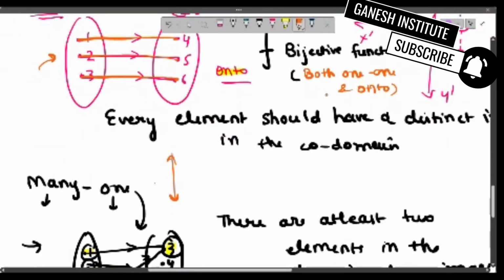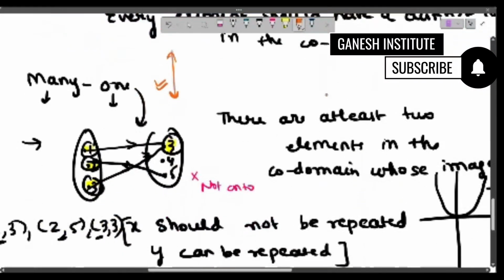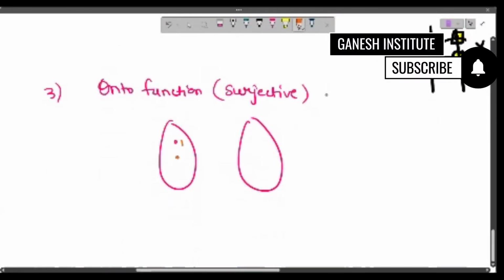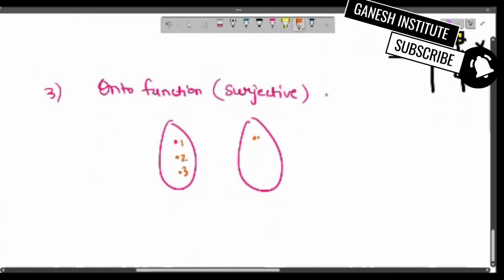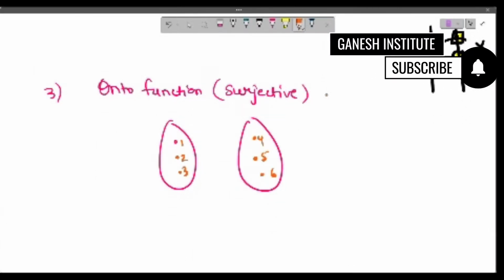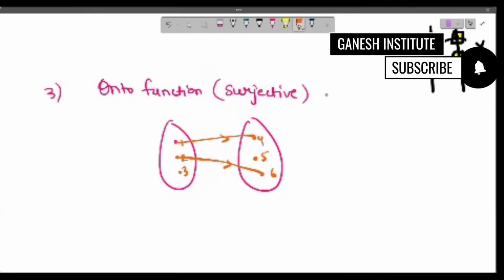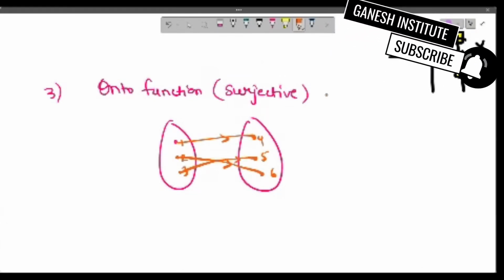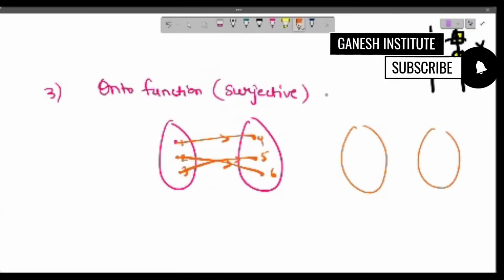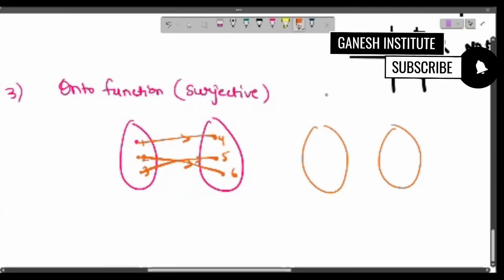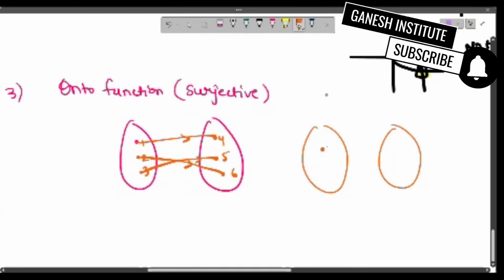And if it is repeating, we call it many-to-one. And if there is no y which is left, so for example, you have this, you have this, you have this. It is one-one and onto both. But let me give you the example wherein it is onto but not one-one.